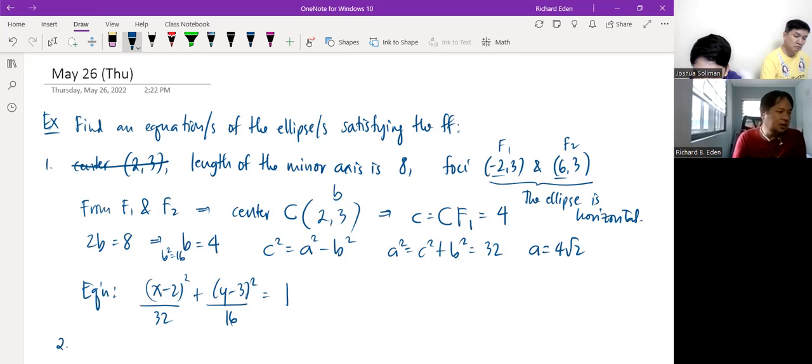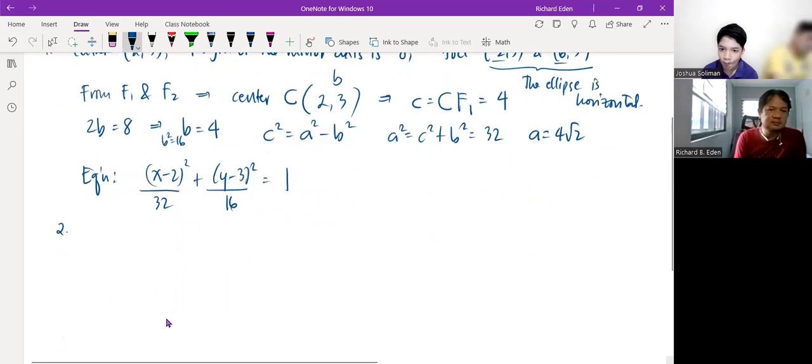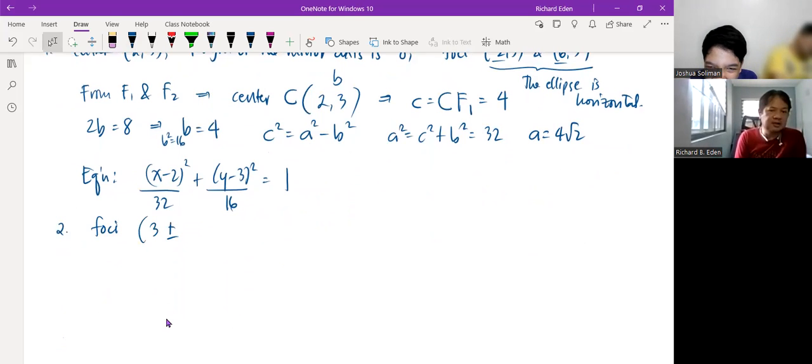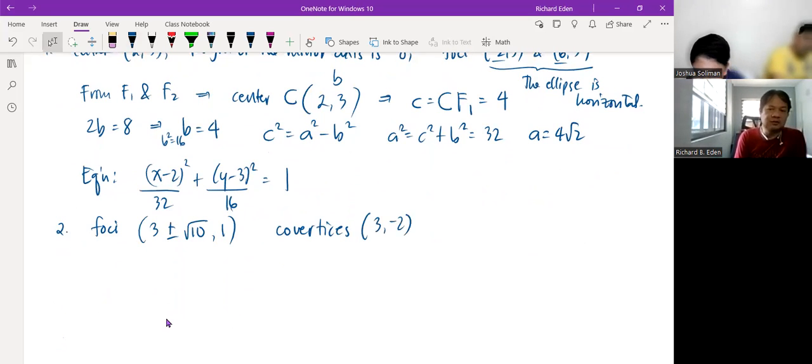All right. Number 2, the foci have coordinates 3 plus or minus square root of 10, comma 1, and the co-vertices are 3 comma negative 2 and 3 comma 4.